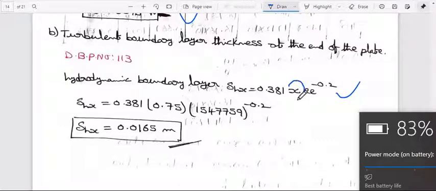Here, what is the x value? Here x equals L. So delta Hx is equal to 0.381 into L, and the L value is 75 centimeters, that means 0.75 meters. This is the delta Hx value.